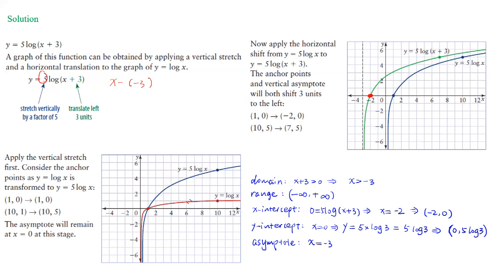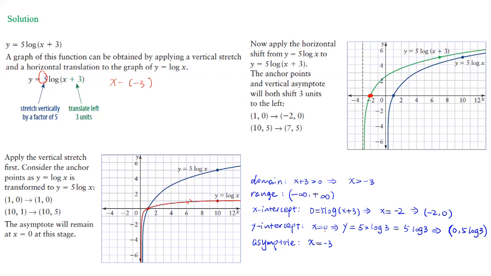Okay, so if we summarize, the domain now is x greater than -3. The range is the whole real number set. This does not change. And the x-intercept: we let y be 0, solve for x, which gives (-2, 0).